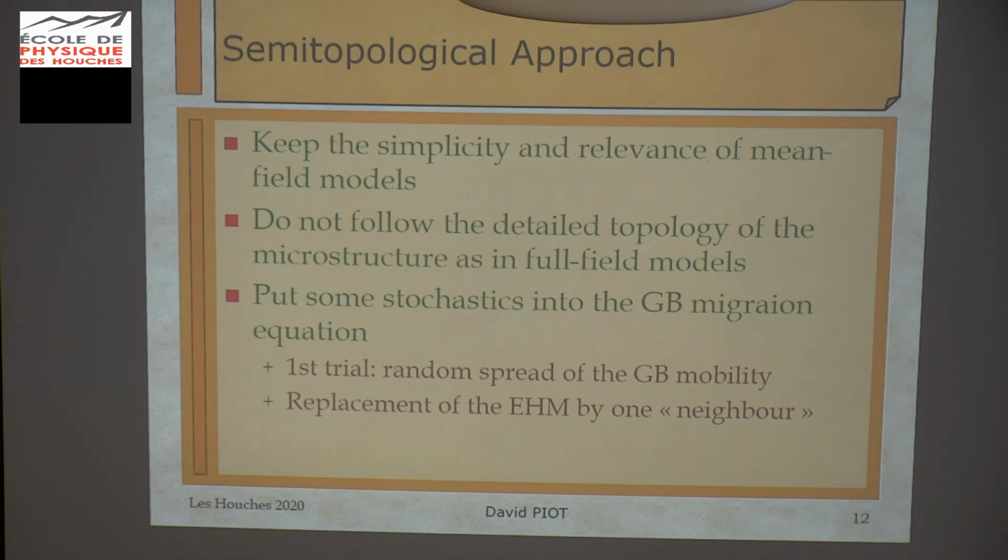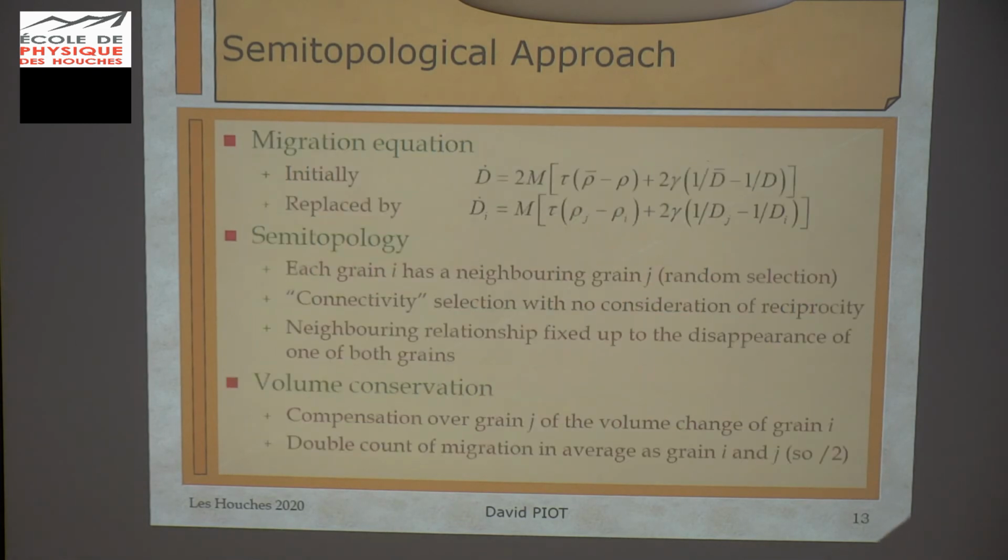So we have tried another thing, which is the replacement of the equivalent homogeneous matrix in the migration equation using one neighbor. So we replaced the migration equation by this, using a neighbor J, which is randomly selected.